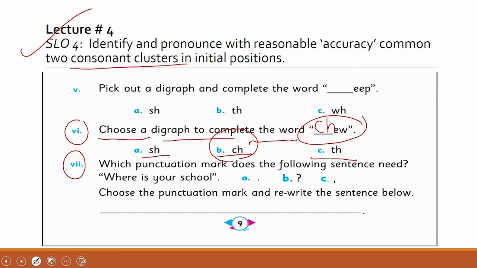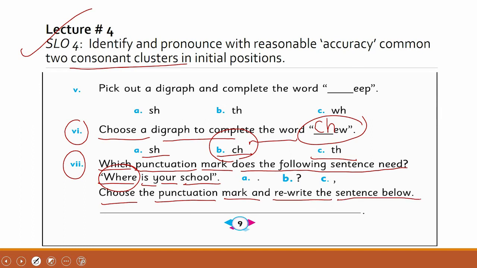Number 7. Which punctuation mark does the following sentence need? Where is your school? Choose the punctuation mark and rewrite the sentence below. When there is the word where, that means they want to know the location or the place. And this is a question.